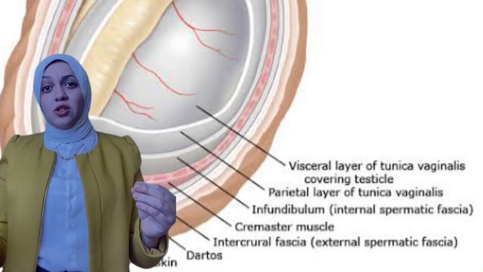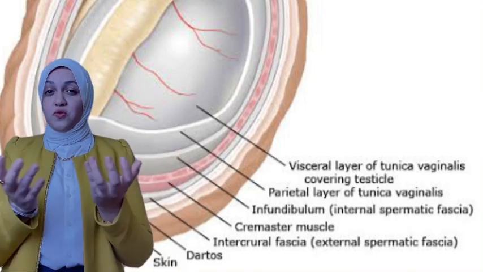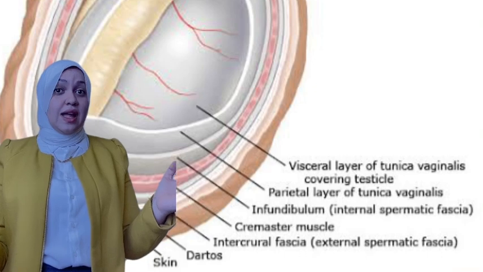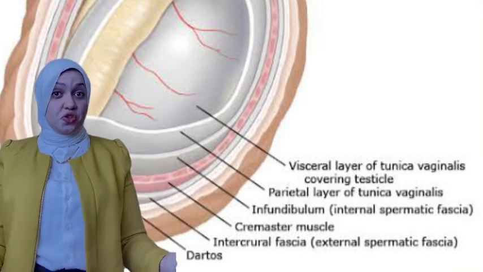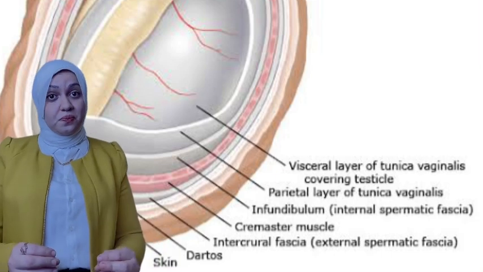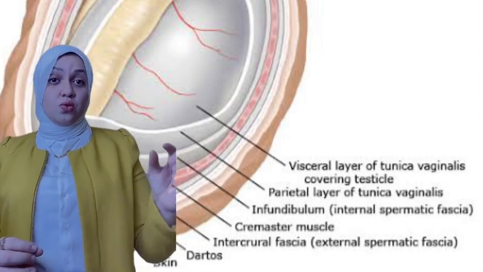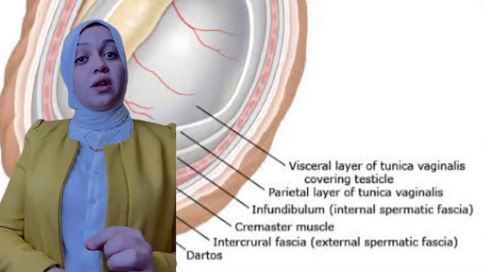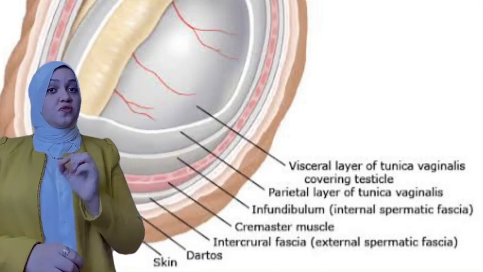So, shall we cover it with superficial fascia that has a large amount of fat and that makes the temperature in this area increase? Of course not. So, the scrotum and also the penis are devoid of superficial fascia.